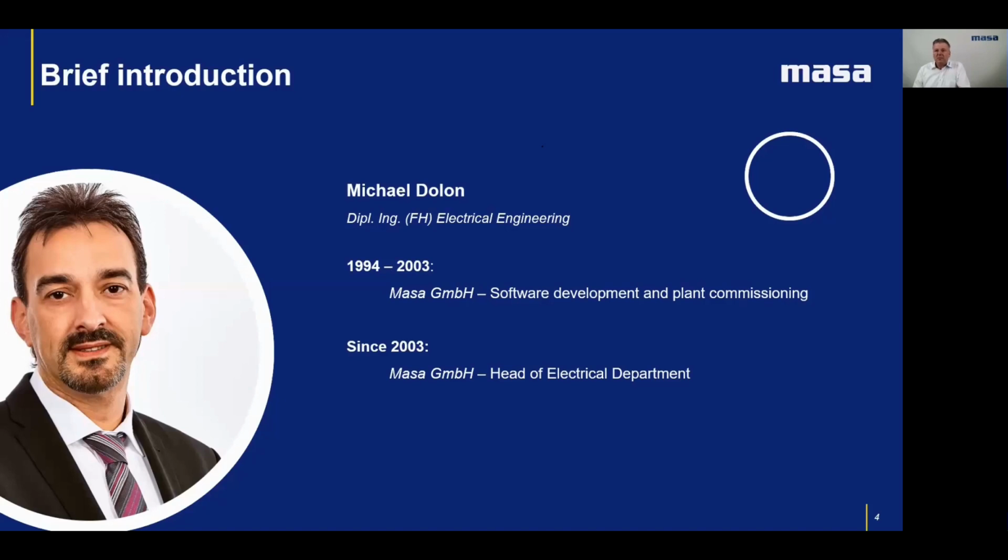At Masa, he worked for several years in the areas of plant commissioning and software development. In 2003, he took over the management of the electrical engineering department, where he is responsible for the continuous further development of the Masa control software and visualization, amongst other roles.